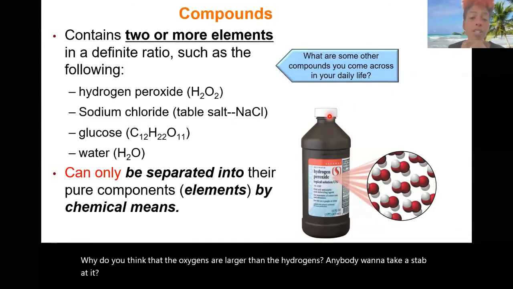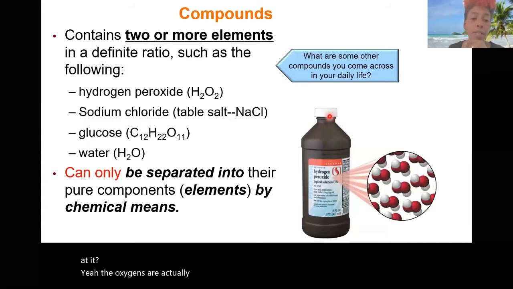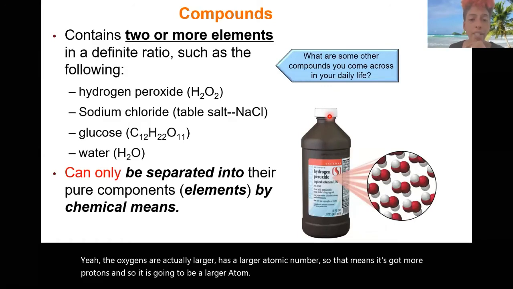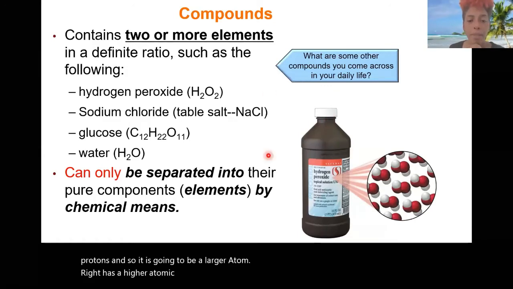Yeah, the oxygens are actually larger. It has a larger atomic number, so that means it's got more protons, and so it is going to be a larger atom, right? It has a higher atomic number. Good guys, good job.